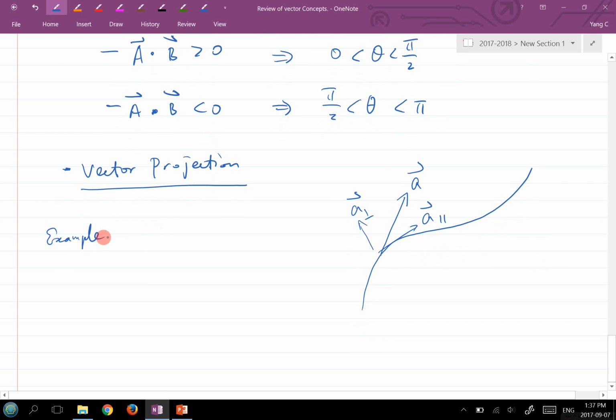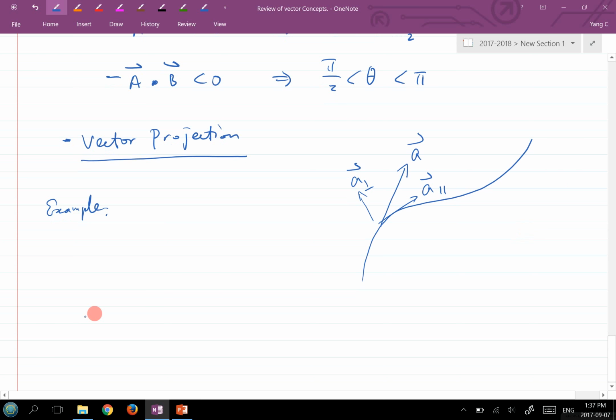Let's say here is vector B, and here is vector A. I want to know what happens if I project vector A onto the direction given by vector B. Project basically means you look at the perpendicular in that direction. You learned in CAD drawing, you look at the shadow. That will be your projection.